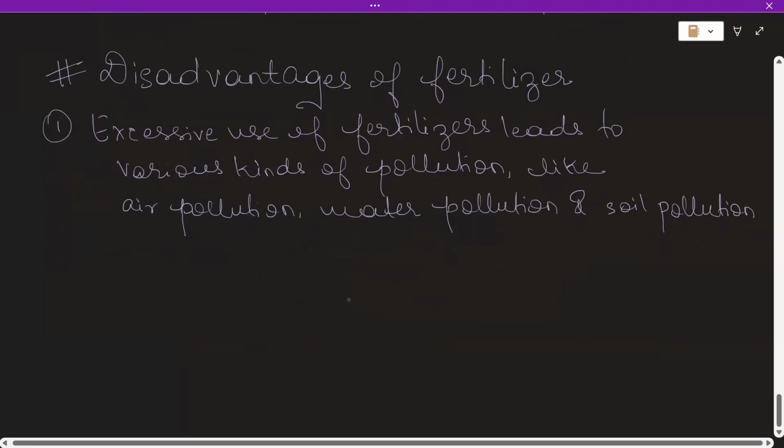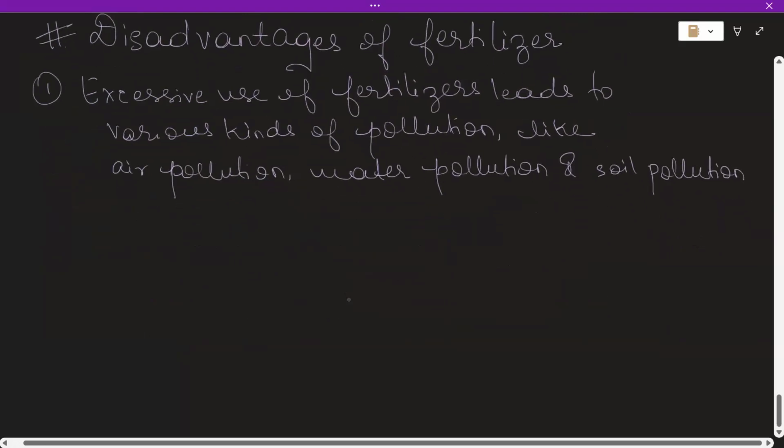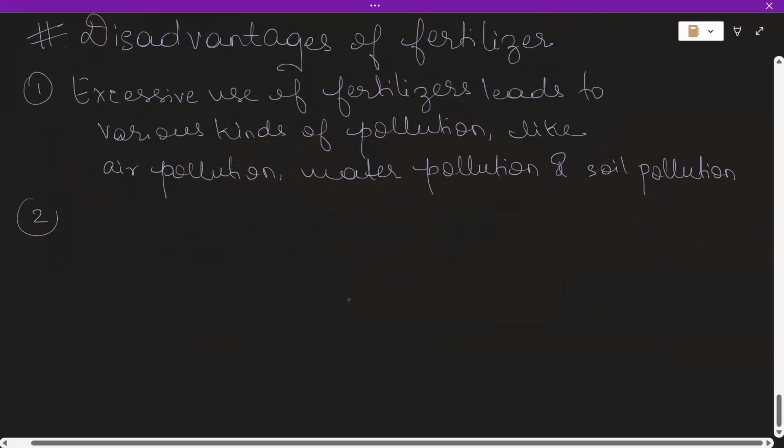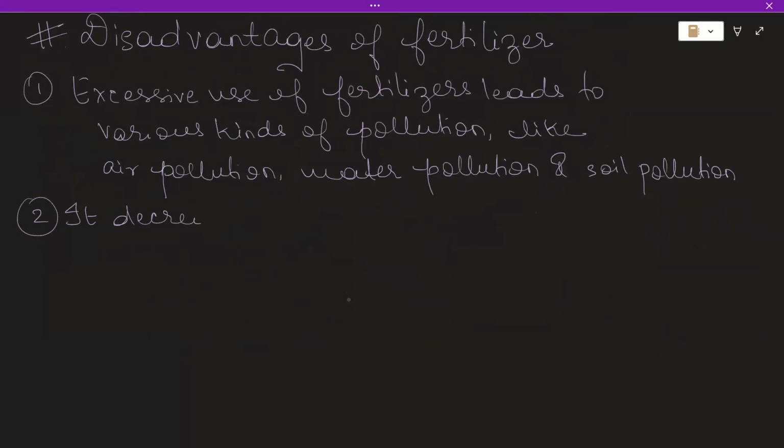Now, if it is continuously used, it decreases the soil fertility upon overuse.